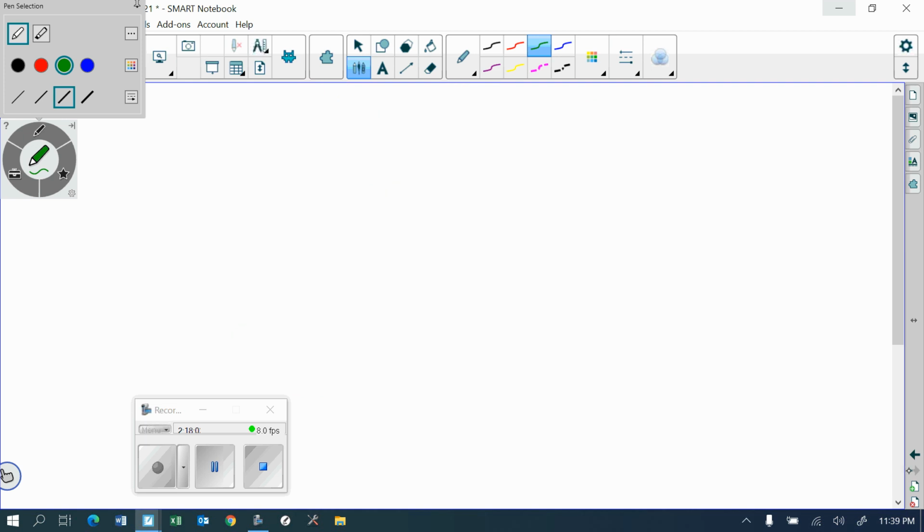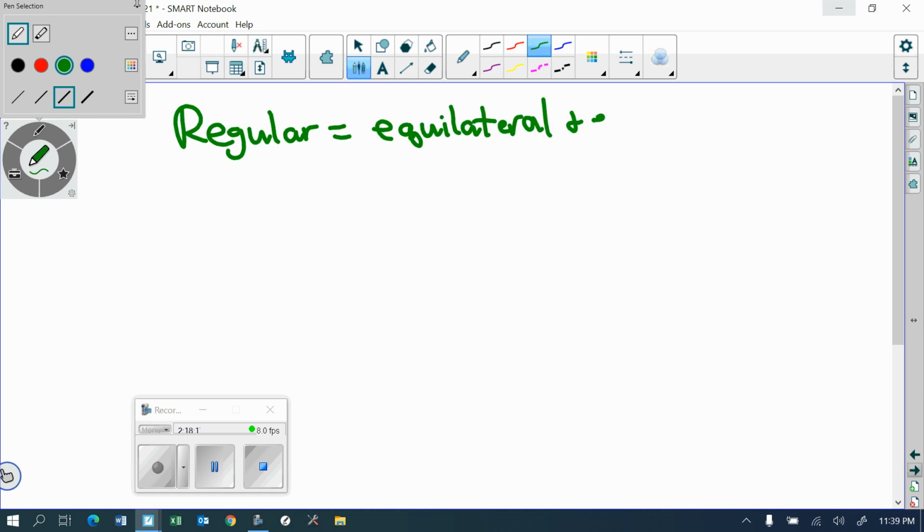Almost done. Okay, regular. The word regular. Regular means equilateral and equiangular. Equilateral, remember, equal means equal, lateral means side, so equal sides, and equiangular means equal angles.